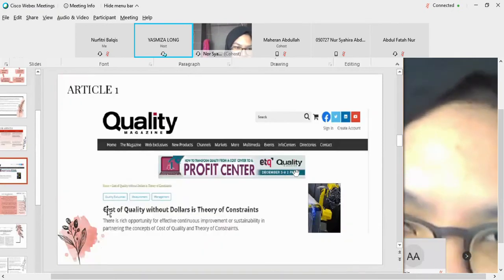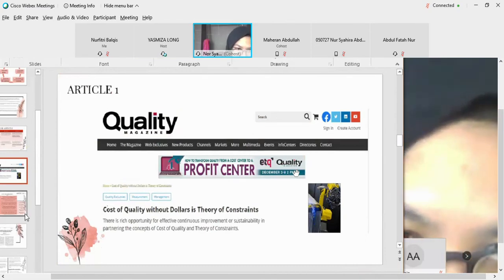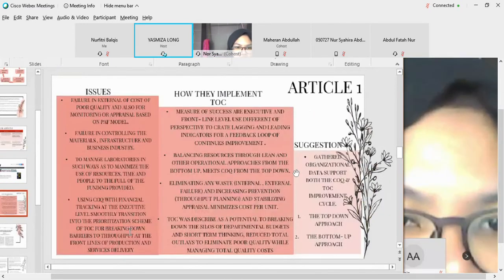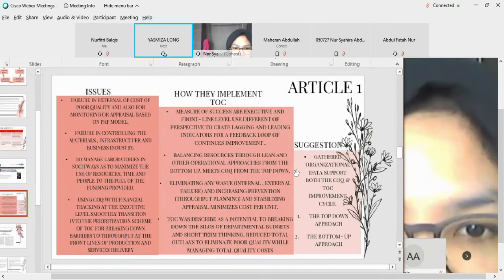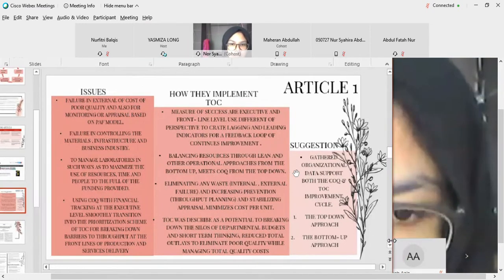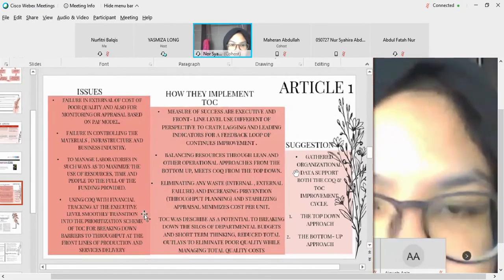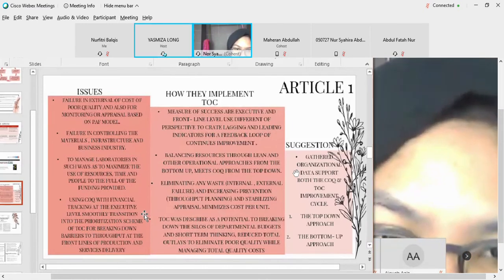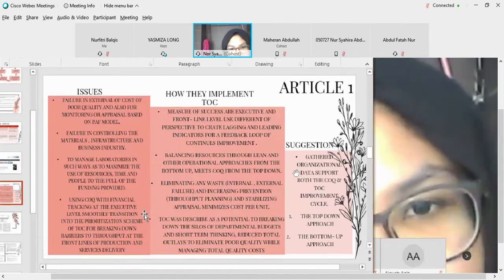So for the next slide, this is the article 1 that we use. Okay, for article 1, the issue is the first one, failure in external cost of quality and also in monitoring or appraisal based on PAF model.